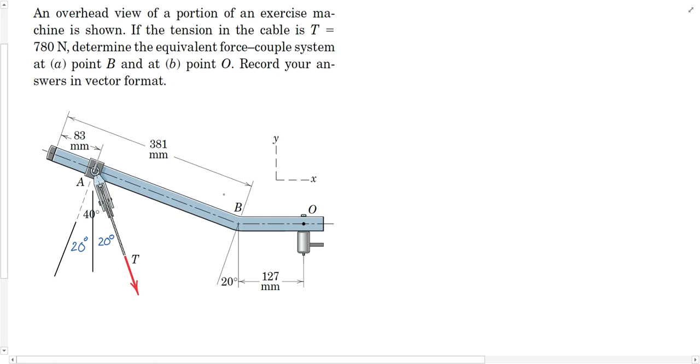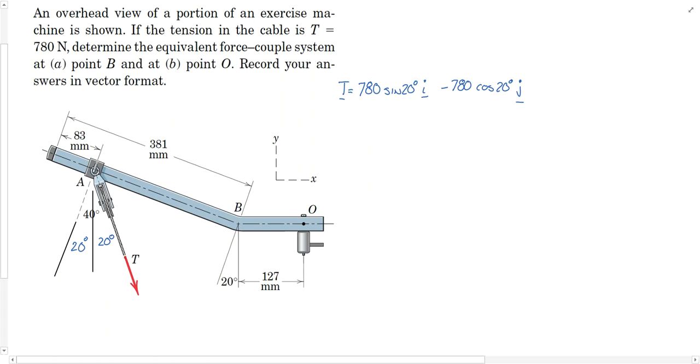So at this point, we can write our tension as a vector. The tension T is equal to 780, the magnitude, times the sine of 20 degrees in the I direction, and then minus 780 times the cosine of 20 degrees in the J direction.